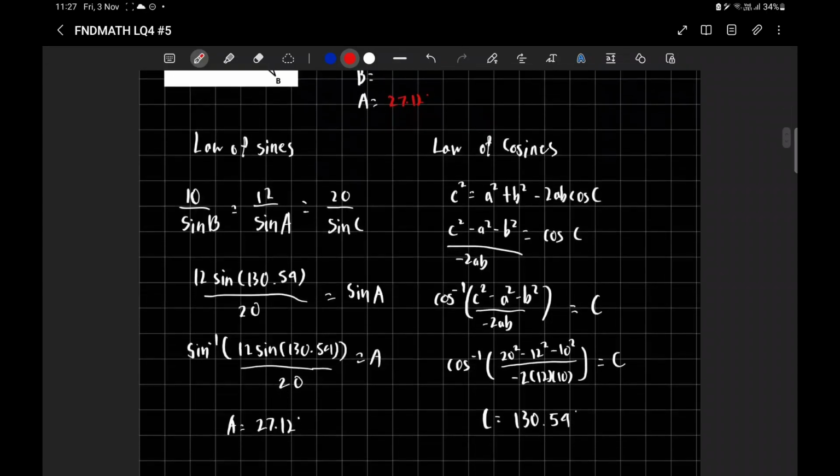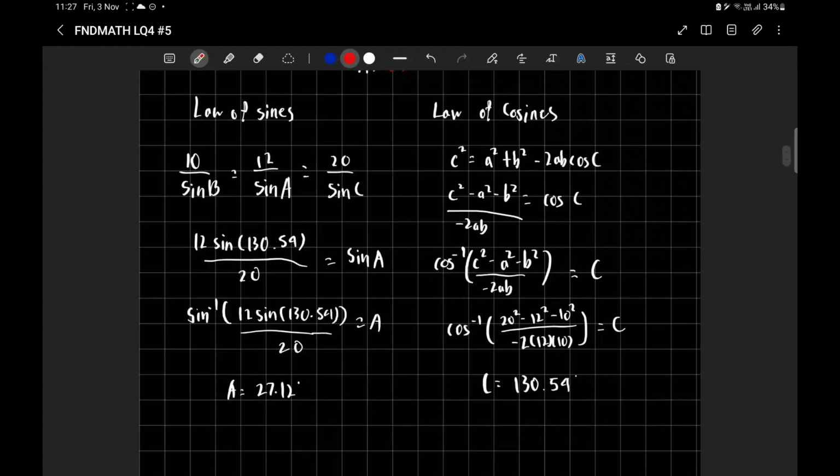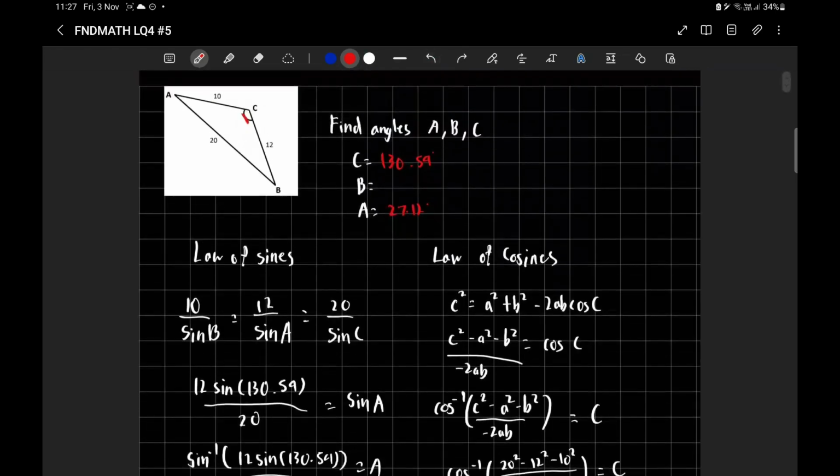You can do a similar method for B by cross multiplying, so sine B would be equal to 10 times sine of 27.12 over 12. Or simply using the rule of interior angles, since we know that the sum of the angles of a triangle is 180, B is equal to 180 minus the sum of 130.54 plus 27.12.